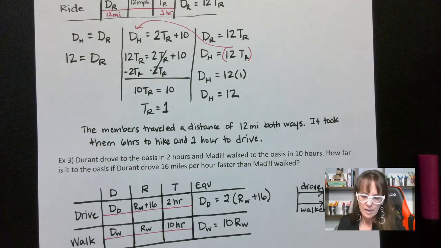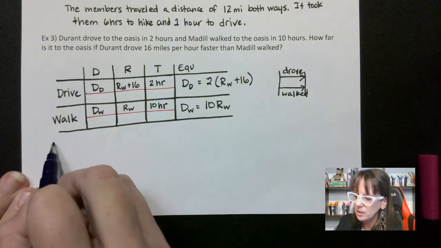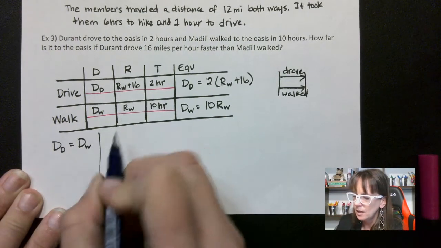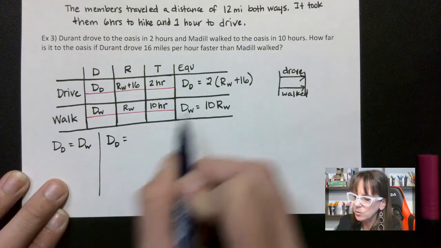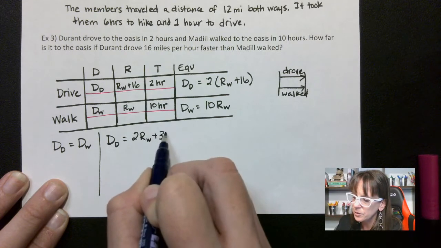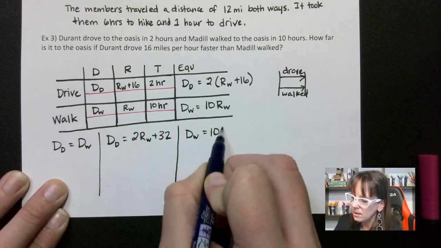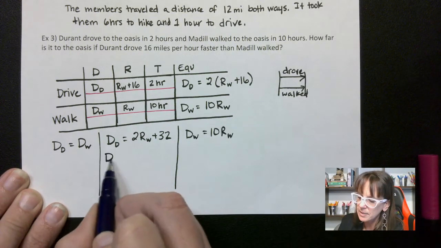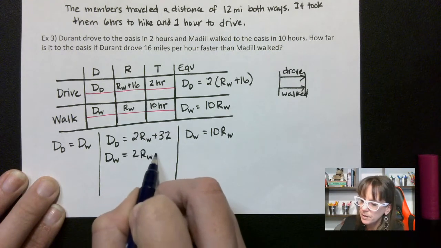Okay, so if we come up with some equations now, that means we know DD equals DW. We know this guy right here, DD equals, I'm going to distribute, 2RW plus 32. DW equals 10RW. So I'm going to replace this with DW equals 2RW plus 32.